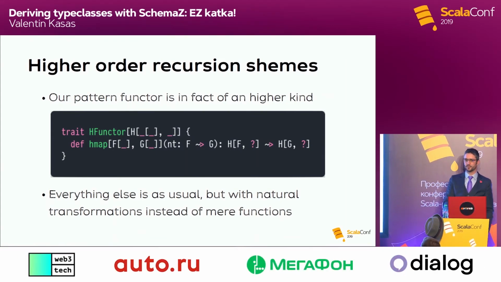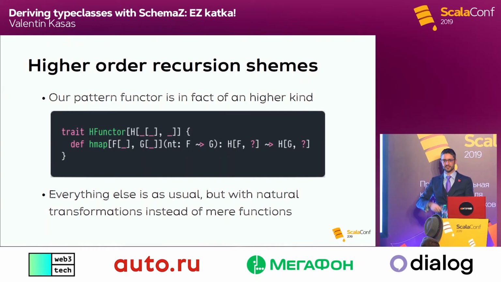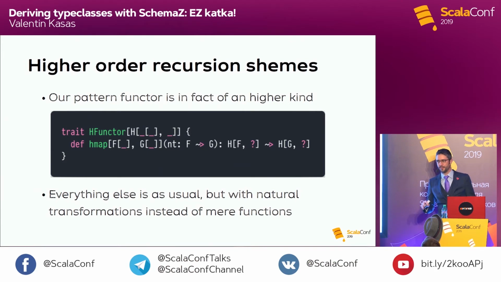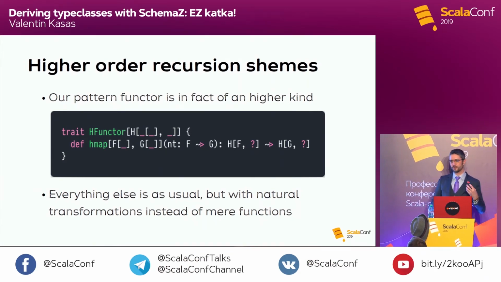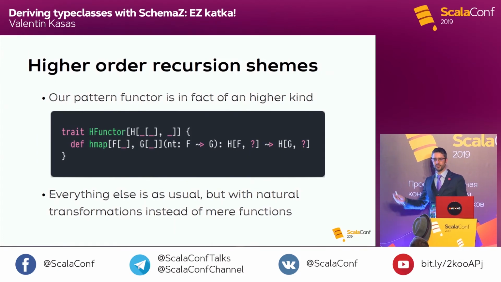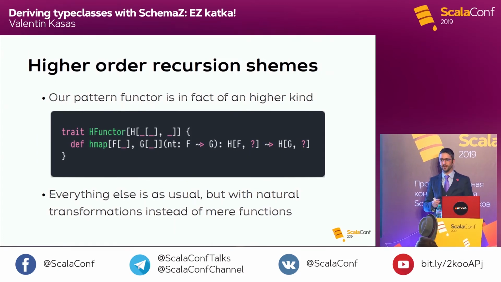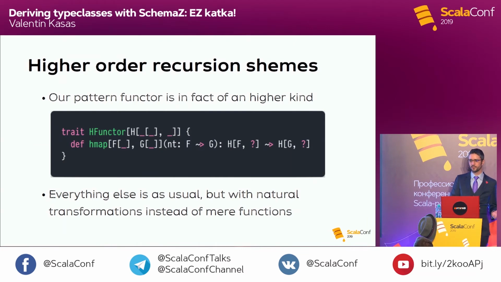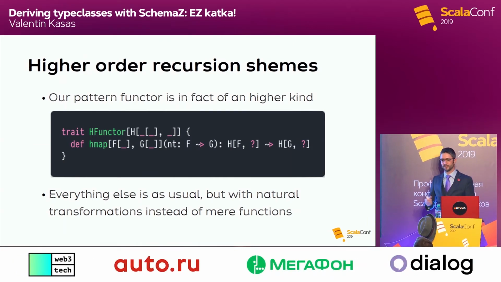You pass it a function and it will apply it to what's inside the functor. Here, an HFunctor needs a natural transformation because what's inside is already a type constructor. So functor talks about the kind star, and here we talk about the kind star to star. Arrows in the kind star are functions. Arrows in the kind star to star are natural transformations. But otherwise, it's all the same.